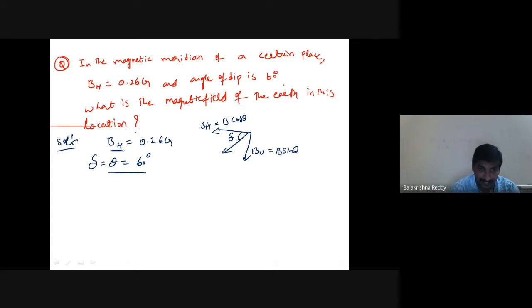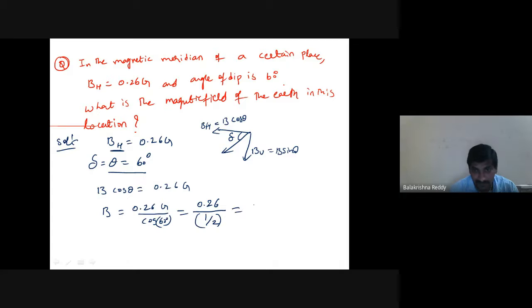So I'll write BH equal to B cos theta, equal to 0.26 Gauss. Gauss is the CGS unit system they have given, so we need not use another system. I'm continuing with the CGS system. B equal to 0.26 Gauss by cos 60 degrees. Cos 60 is 1 by 2, right?